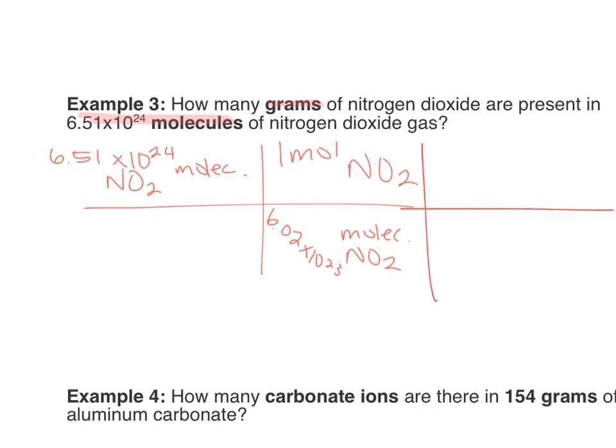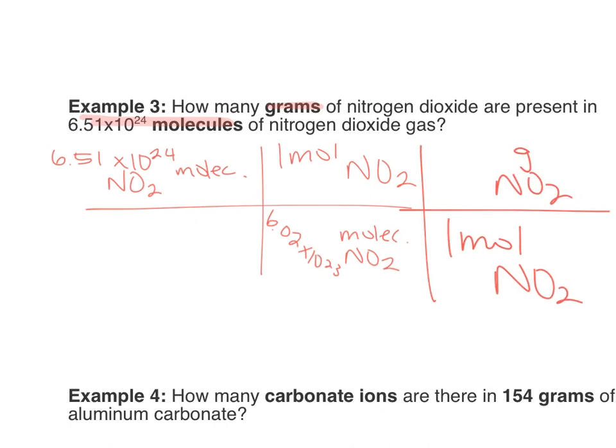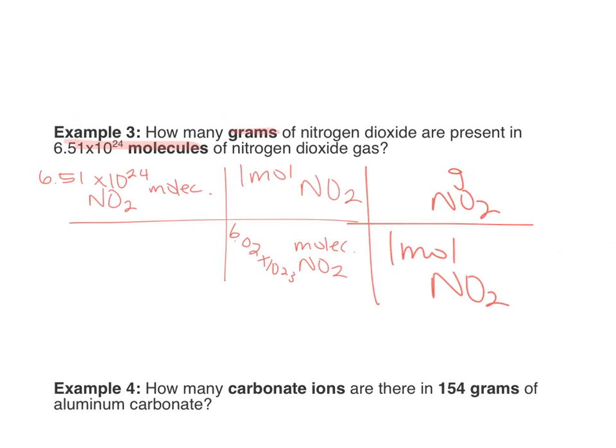If you're looking at your mole map, we can actually go any direction. Since we need to get to grams, we know we're going to need to use our molar mass. So I chose to put moles on the bottom to cancel it out. And we need to go to grams of NO2, which means we do need the molar mass of NO2. So you're going to need to grab your periodic table. The molar mass of NO2, I'm just going to do it all the way across this time.